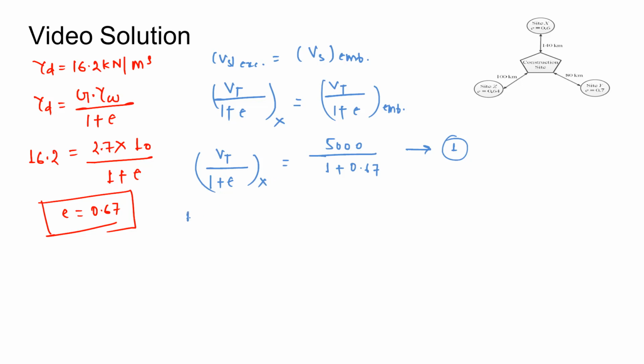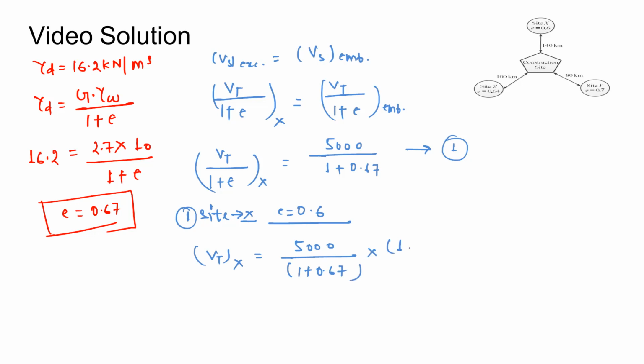Let's first solve it for site X, because in the question the different void ratios for the different sites are given. For site X, the void ratio e is 0.6. Putting in the values, the total volume of soil at site X will equal 5000 divided by 1 plus 0.67, into 1 plus the void ratio of site X, that is 0.6.